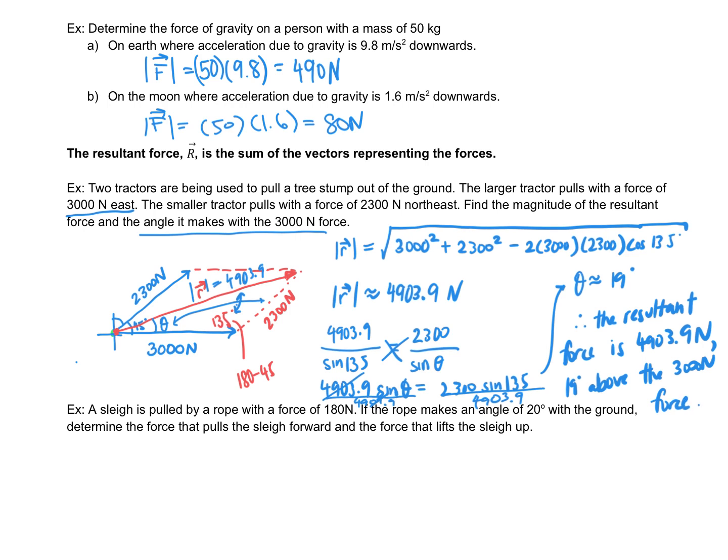If it hadn't specified that it wanted the angle with the 3,000 Newton force, I could use a quadrant bearing and say north 71 degrees to the east, because that would be this angle here. Or I could use a true bearing of 71 degrees, that would work as well, but it was specified in the question.